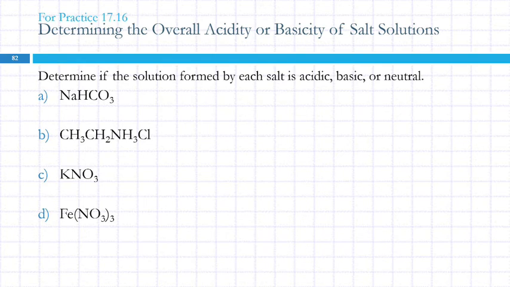Each solution, is it acidic, basic, or neutral? What are the ions? Remember, 2 ions in NaHCO3. The first one's a metal, right? Na is a metal. So that's going to be by itself, and then everything else is going to be the anion. Every time.